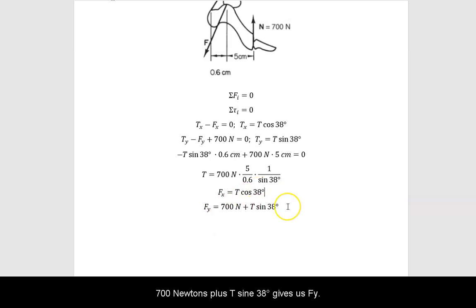Fx is just going to be T cosine 38 degrees, and Fy is going to be 700 newtons plus T sine of 38 degrees. So T cosine 38 degrees gives us Fx, and 700 newtons plus T sine 38 degrees gives us Fy.